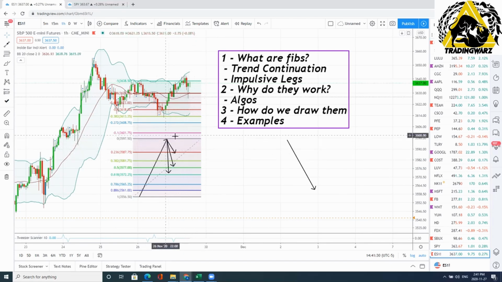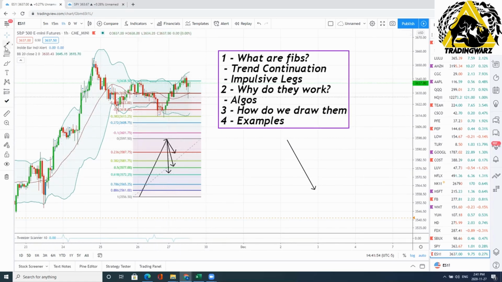Or if the trend is very strong, we're going to break through this high and hit these extensions on the way up. The extensions are very powerful tools for reversals, because the algorithms and the traders that use Fibonacci will have limit orders to empty their position at these extensions.